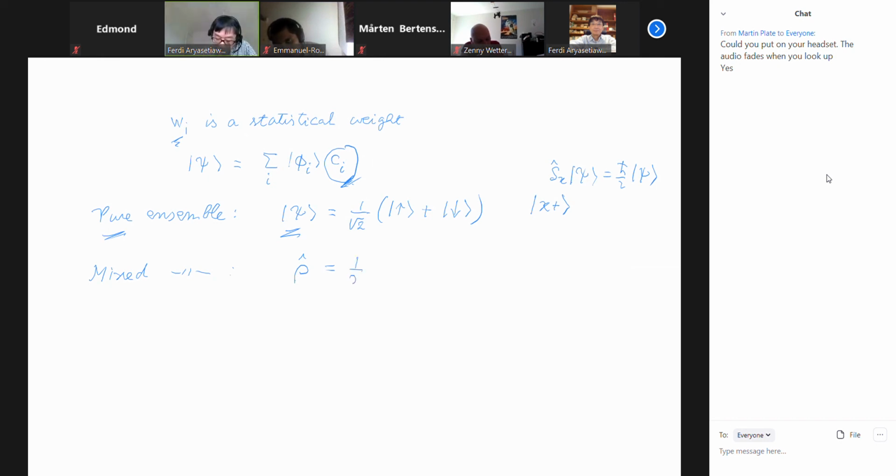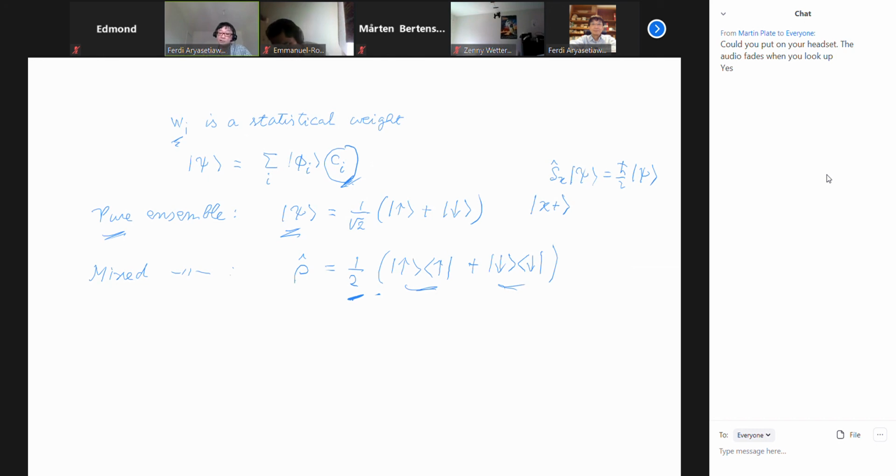So let's say that we have half of the particles in the spin up state along the z direction, and the other half in the spin down state, like this. So this tells us that half of the particles are in the spin up and the other half in the spin down.